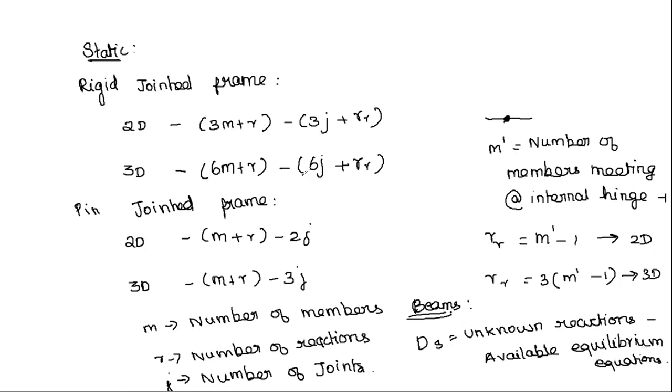So these are the formulas used to find the static indeterminacy. Now we are going to see problems on how to find the static indeterminacy of structures. So first sum.